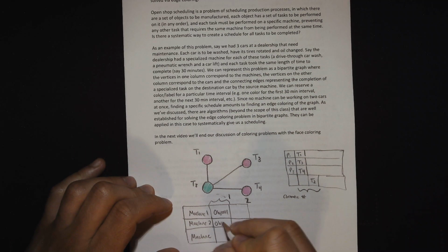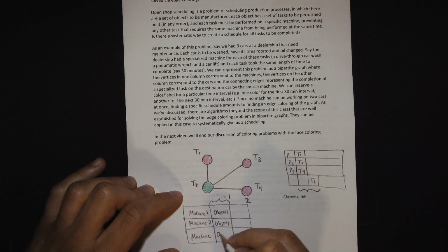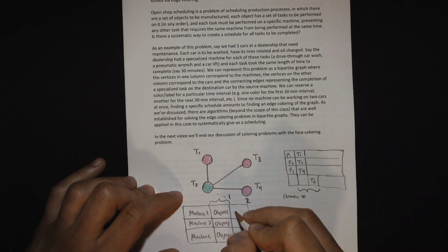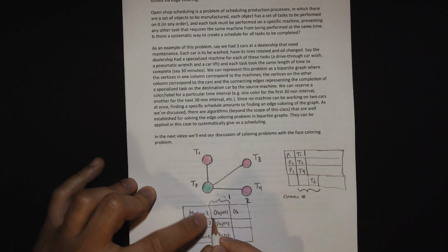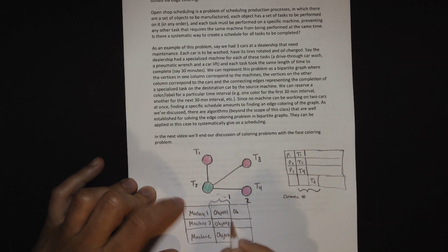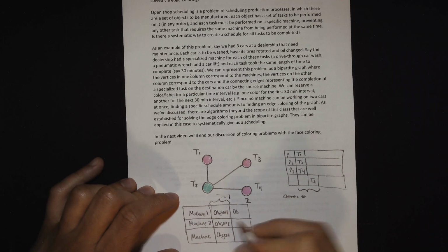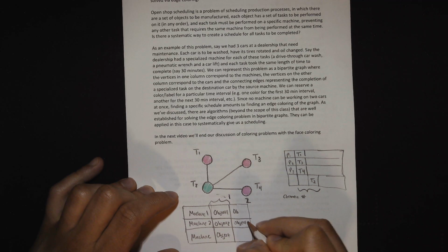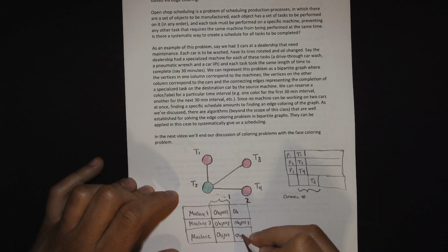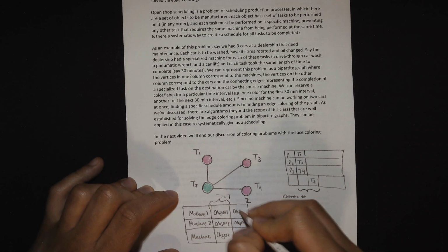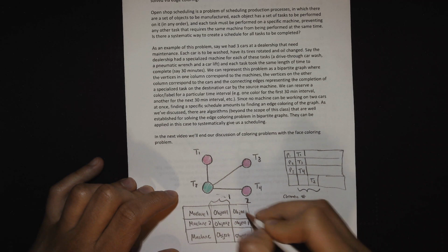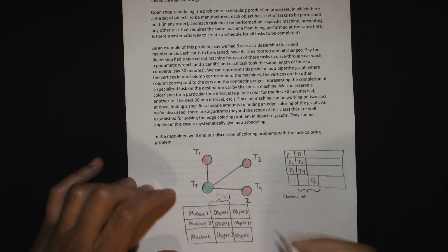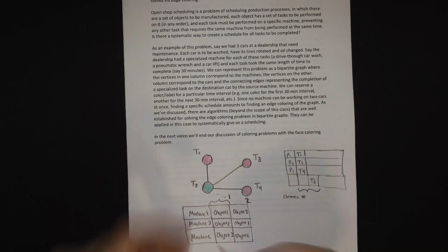So how can we come up with some kind of scheduling so that each machine is only occupied with one object for the time interval, object 1, object 2, object 3, something like this, right? So how do we make this scheduling?